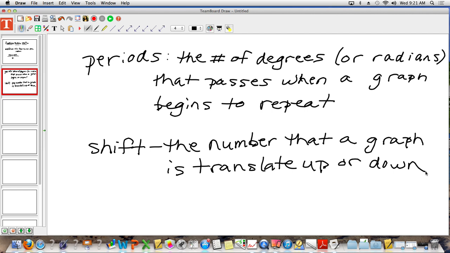I'm going to give you just a generic equation, and we're going to talk about each part of it using letters instead of numbers.